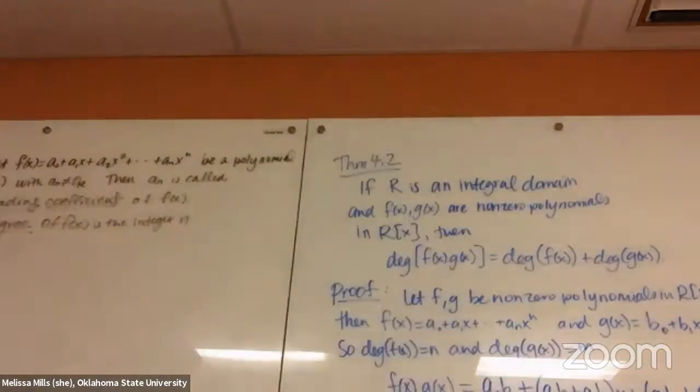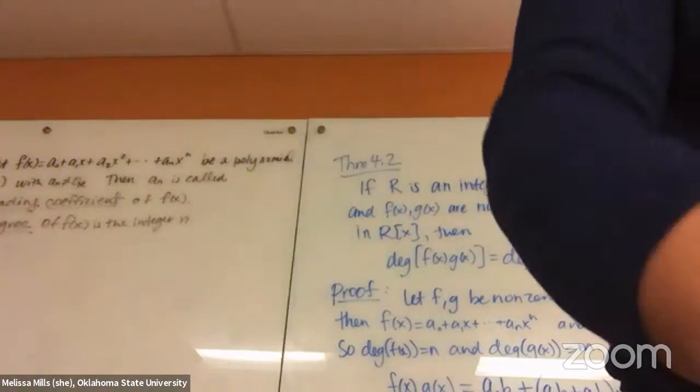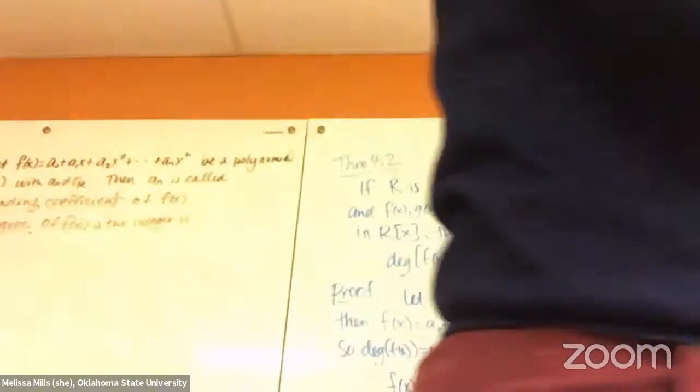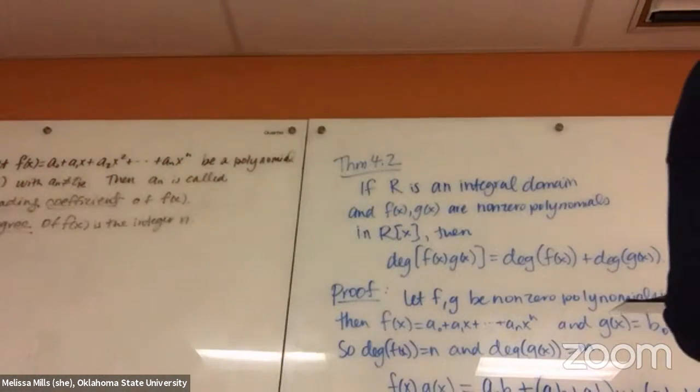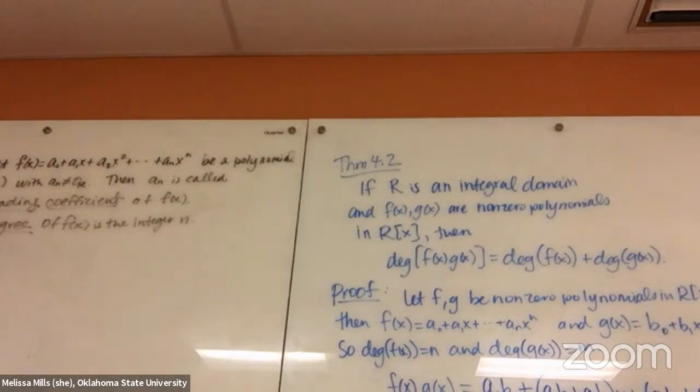All right, so then let's do some corollaries of that. Corollary 4.3. Since it's a corollary, I'm going to leave the proof up there. Yeah, Colin? You mentioned that non-zero part, did they say that because if one of them was a zero polynomial and the other one had x terms, would it still work?